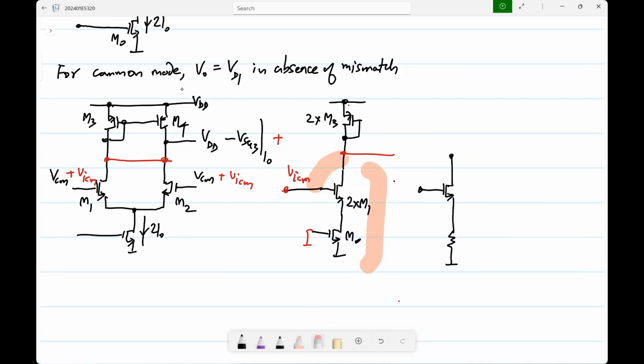So the input appears here, and if I call this RS, the incremental current will be VI by RS. With finite GM, there will be some voltage and you can make some correction for it, and that turns out to be VI by RS times GM RS by 1 plus GM RS.